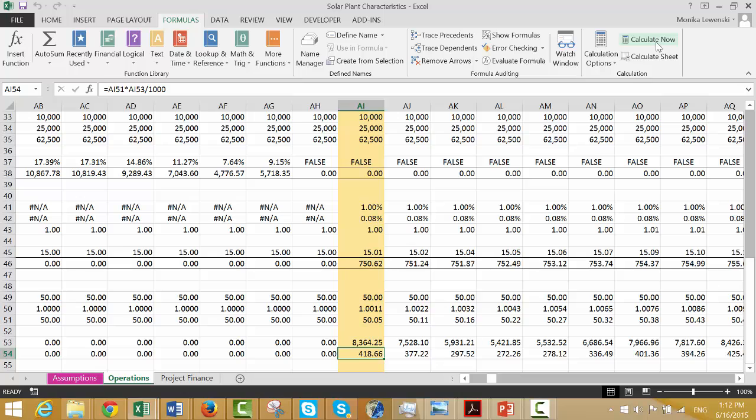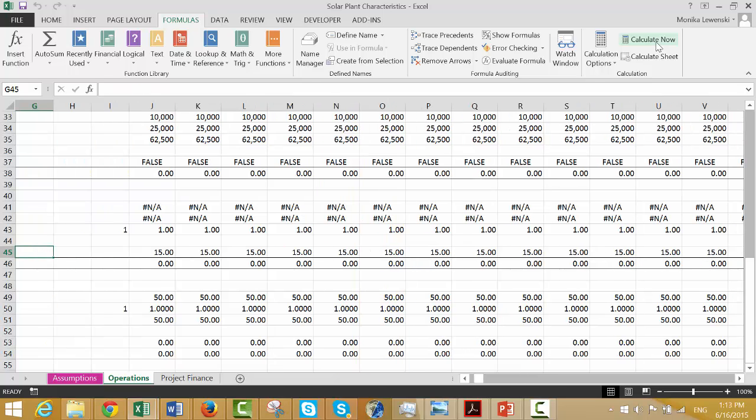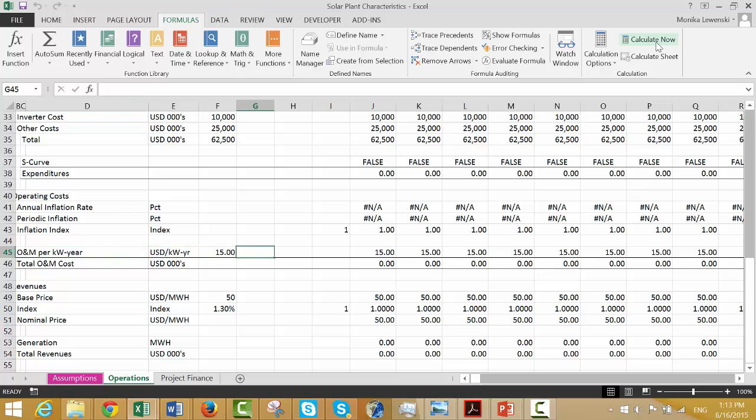And there is something wrong here, maybe it's just this 15 per kilowatt. Oh, see, this is what I have to do. Of course I made this mistake on purpose, you know.